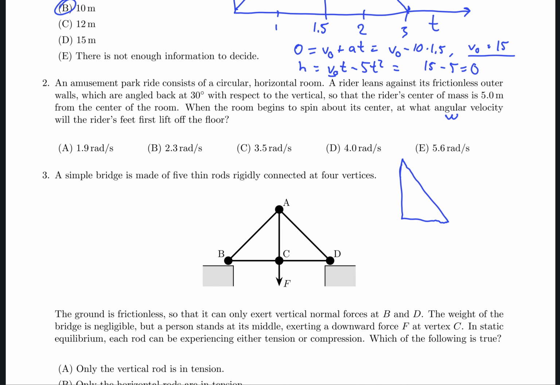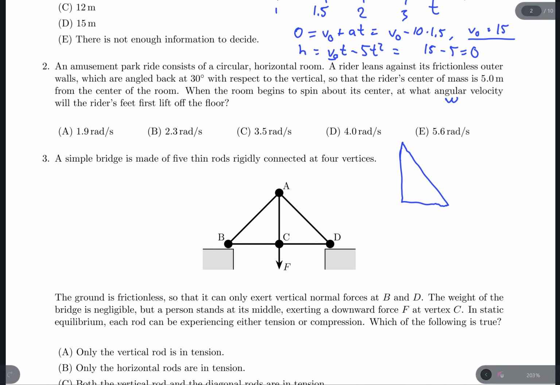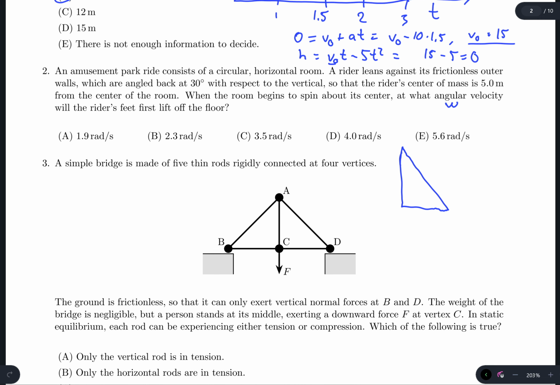And so the rider's feet first lift off the floor when all of the forces are sort of balanced. Here can be the rider, just a block free body diagram. So there's the force of gravity going down. There's the normal force going in that direction.